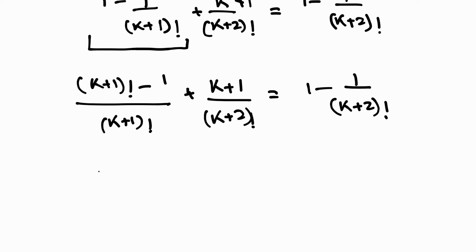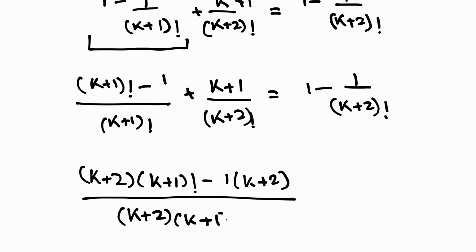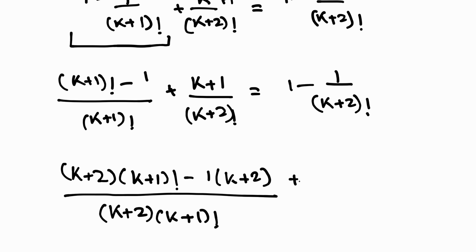So I'll get on the numerator (k plus 2) times ((k plus 1) factorial minus 1), and this whole thing over (k plus 2) times (k plus 1) factorial, plus (k plus 1) over (k plus 2) factorial, and that must be equal to this right side.